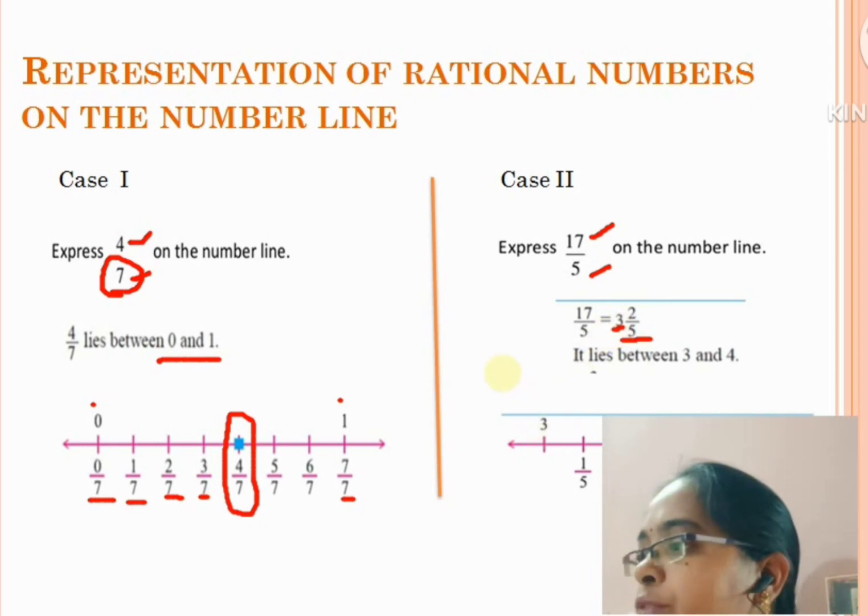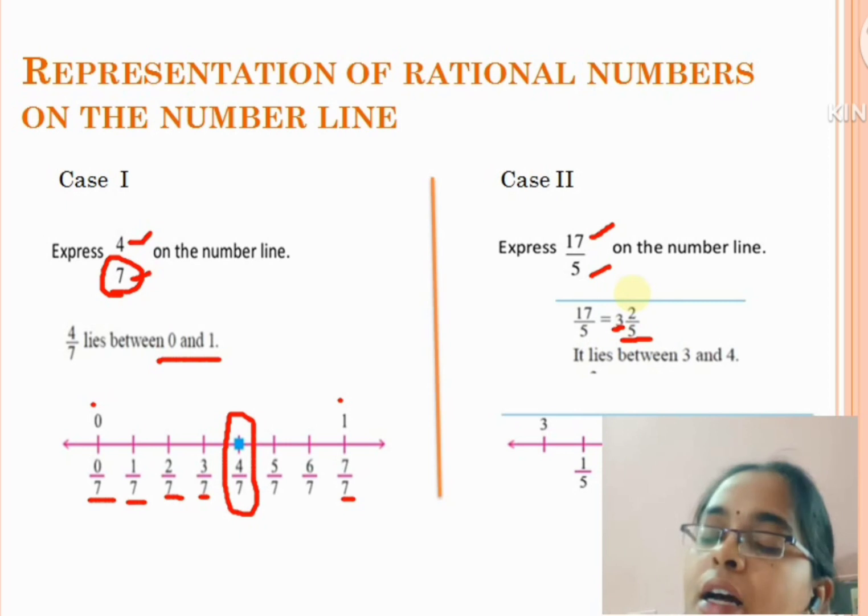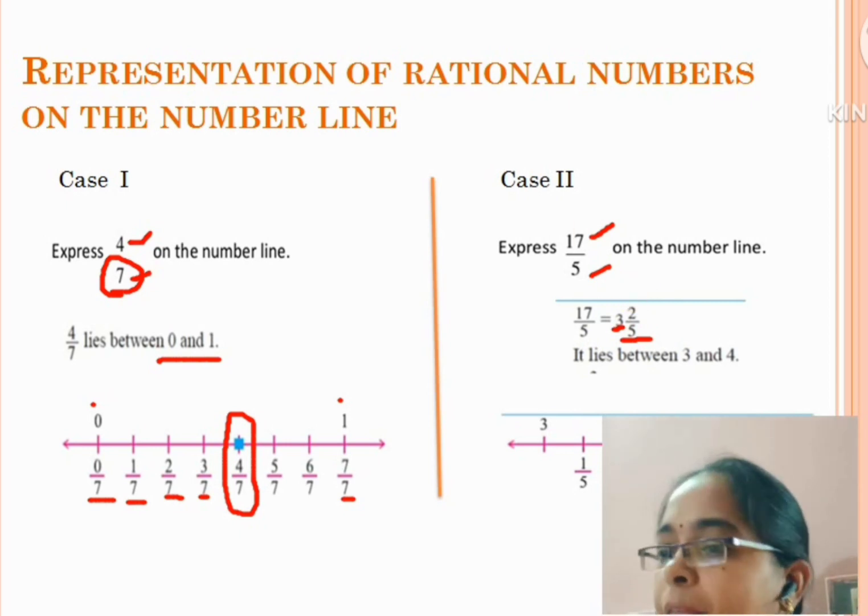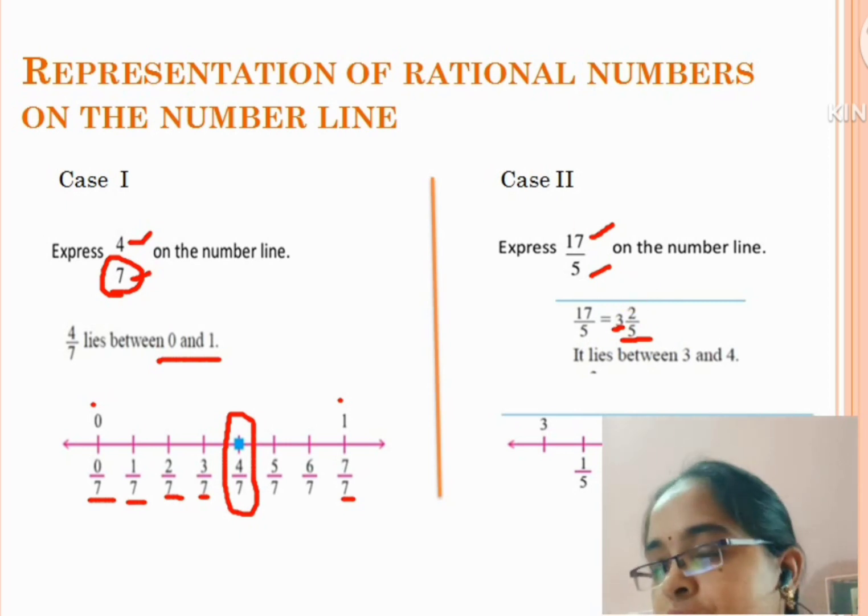On the number line we take 3 and 4, and in between 3 and 4, the denominator is 5, so we need to make 5 subdivisions. Each subdivision represents 1 by 5 part. So 3, then the next subdivision is 3 1 by 5, 3 2 by 5. Like that we represent rational numbers on the number line in these two situations.